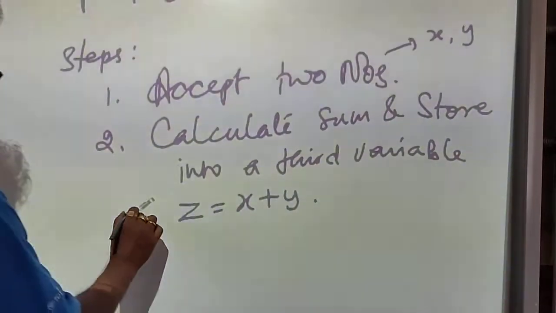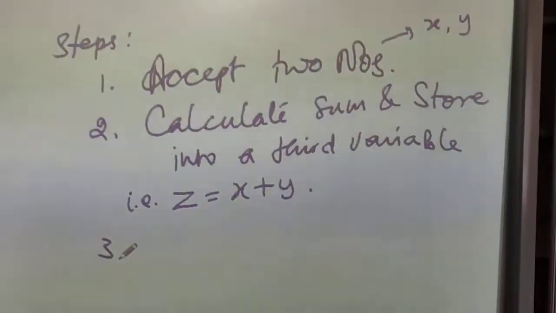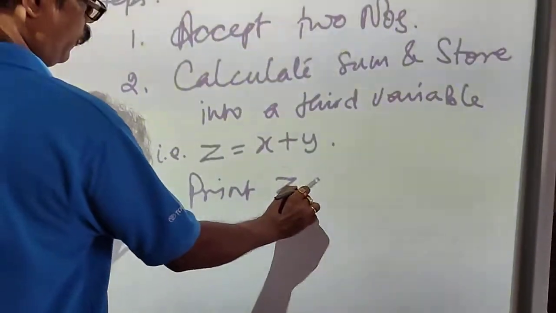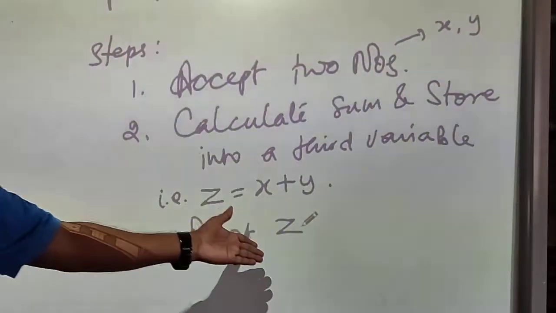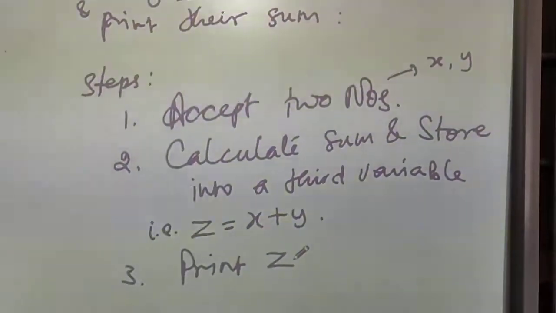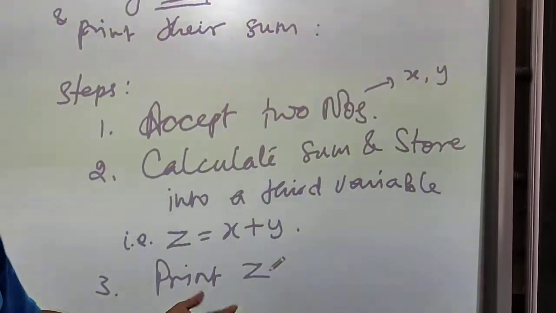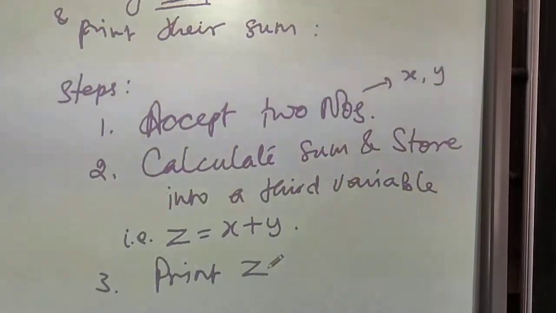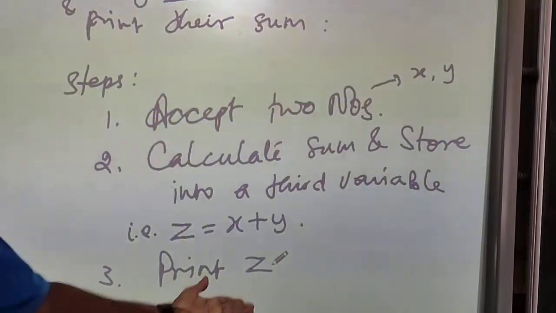Then the third step is to print or display z. So within three steps we can solve this particular problem, the algorithm. These are the steps that show a sequence of instructions. When you follow them strictly, you get the desired result. Is that clear to all of you?